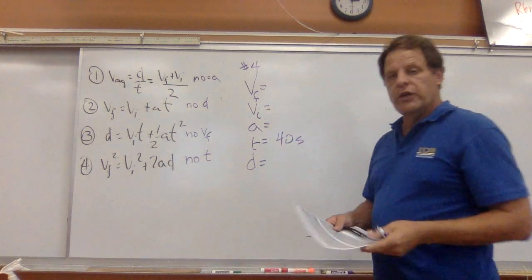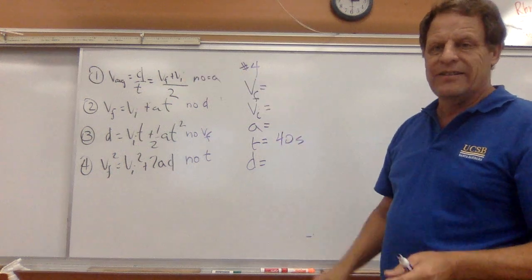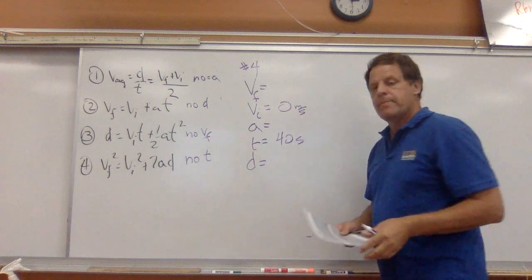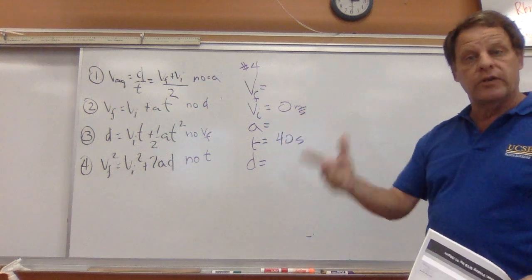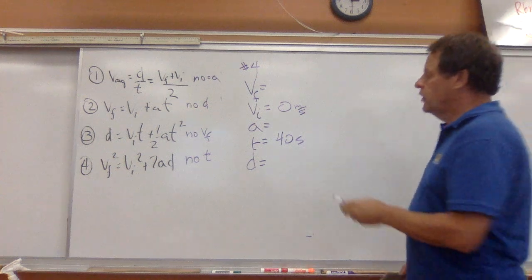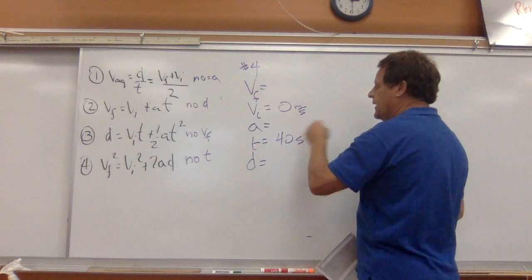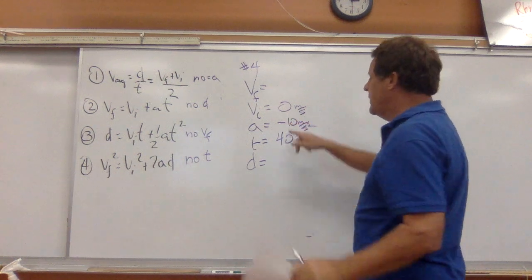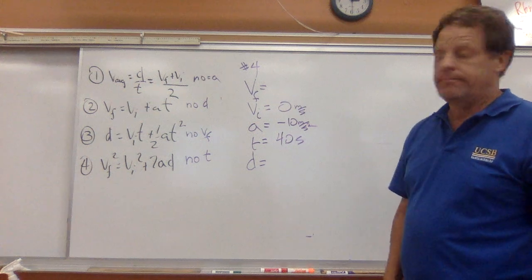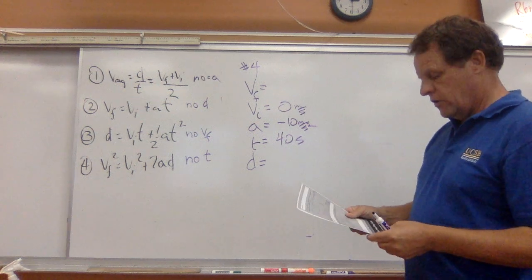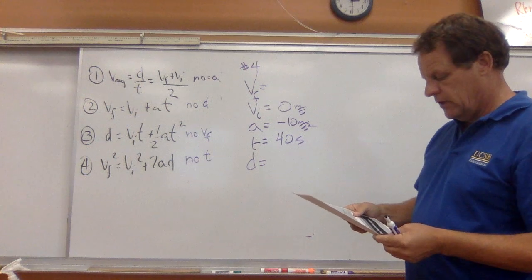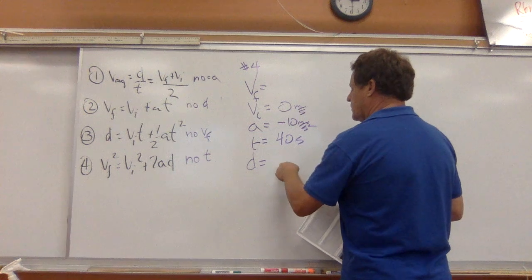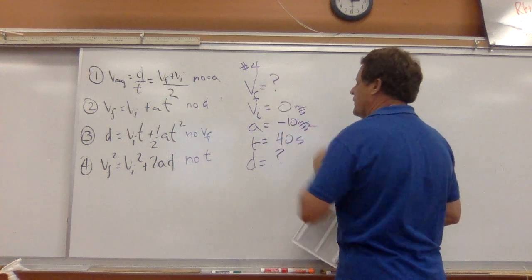If we drop a rock, what is its initial velocity? The answer is 0 meters per second. If we drop a rock, what makes it go to the ground? Gravity. So we are going to say negative 10 meters per second squared. Now remember, that negative means down. We're looking for distance and final velocity.